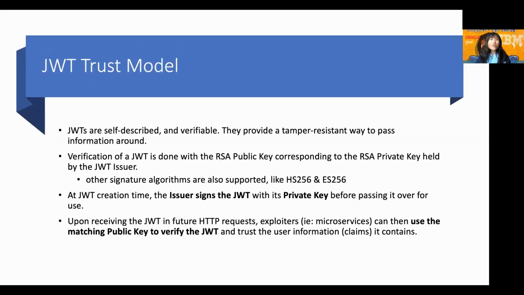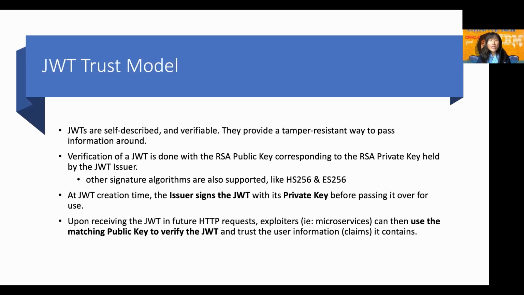So what is the trust model for JWT? JWT is self-describing and verifiable by using the signature. Basically, how it works is, when the JWT is first created, the issuer will sign the JWT using its private key, and then it passes the JWT to the destination.